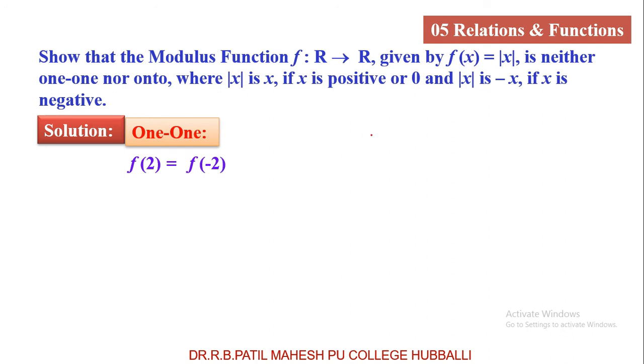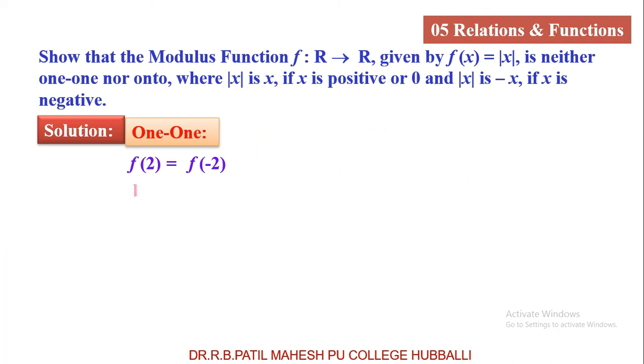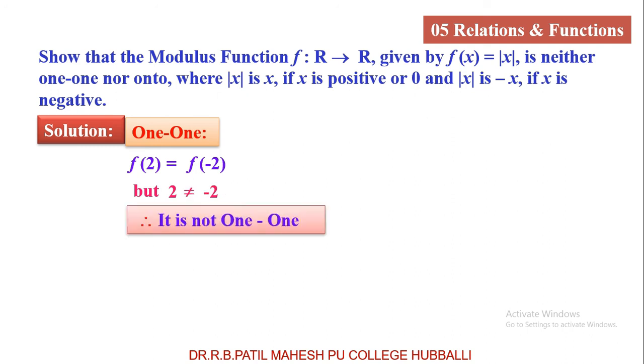Definitely, students, f of 2 means modulus of 2, that is 2. f of minus 2 means modulus of minus 2, again 2. So the images are equal, but 2 is not equal to minus 2, so the elements are not equal. It is not a one-one function.